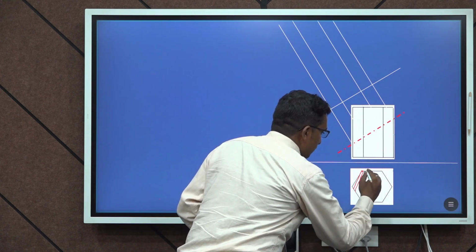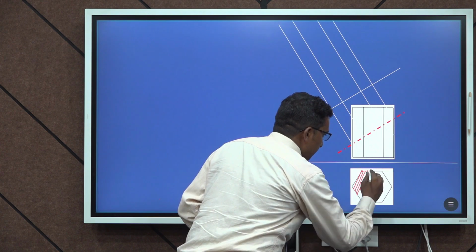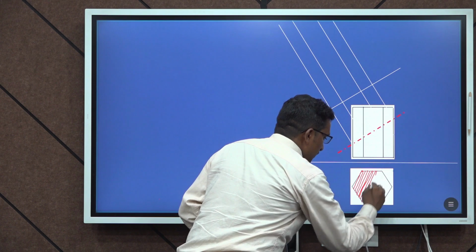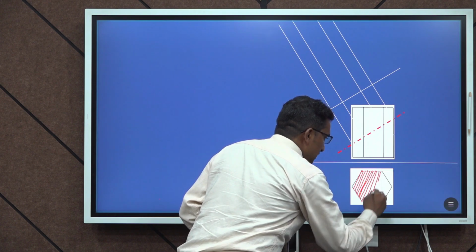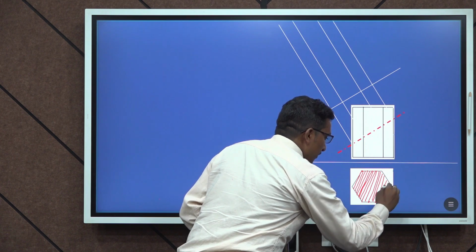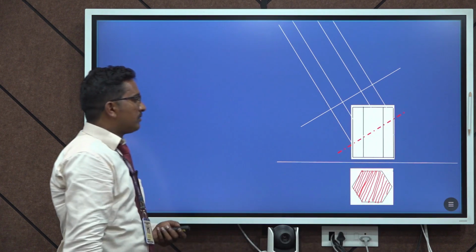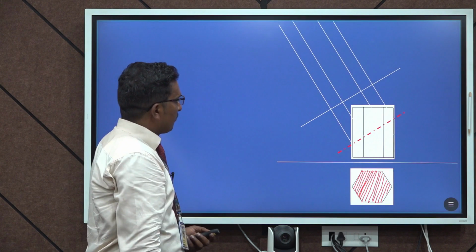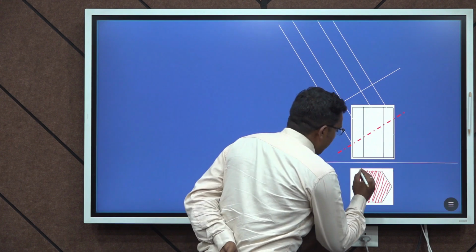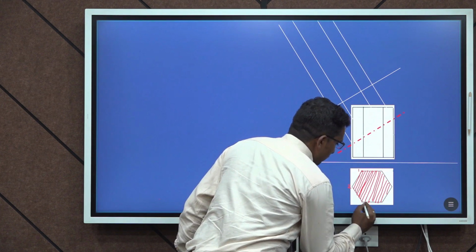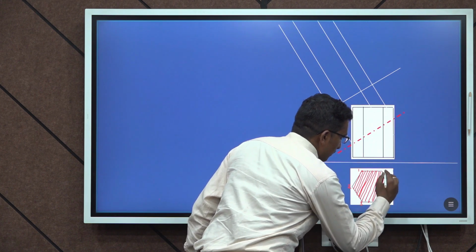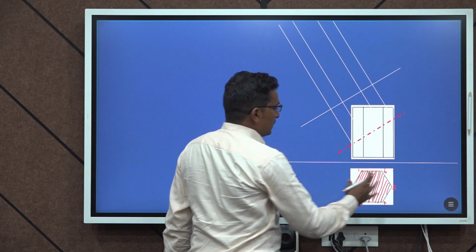You can see that the whole portion is cut. Hence I have given the hatches for the whole hexagon. And now I am going to give the names. This is the top view.